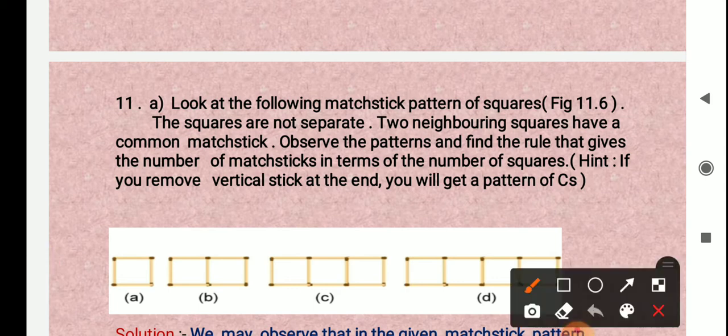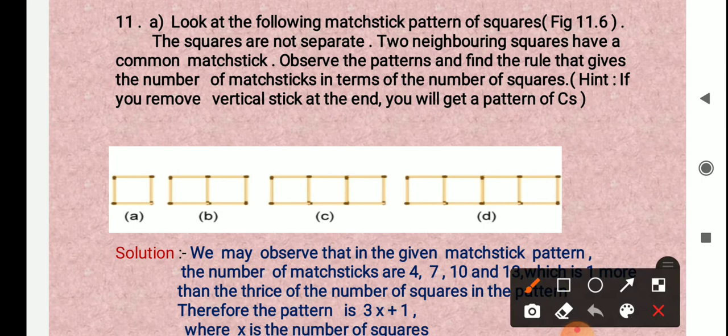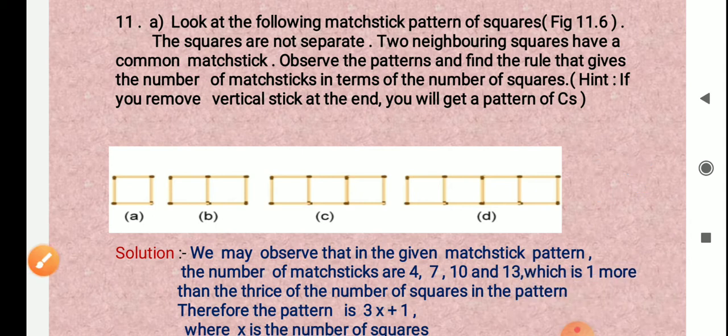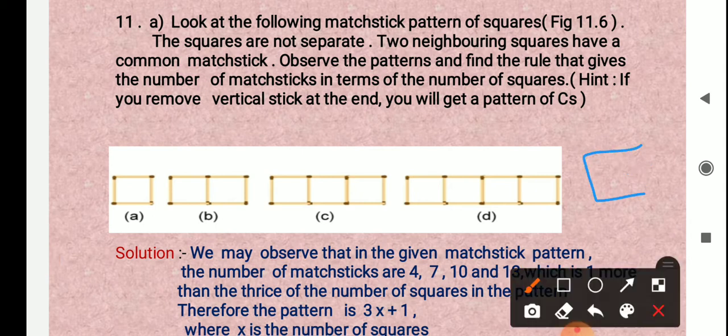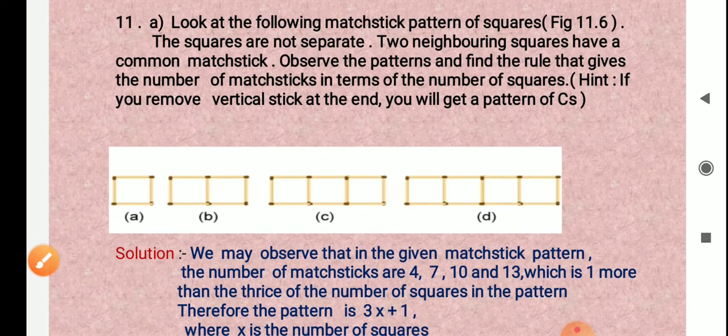Here a hint is given: if you remove the vertical stick at the end you will get the pattern of C. So look at this figure. Here the last square, and if we remove this matchstick, we get the letter C. So let's see the solution of this example.